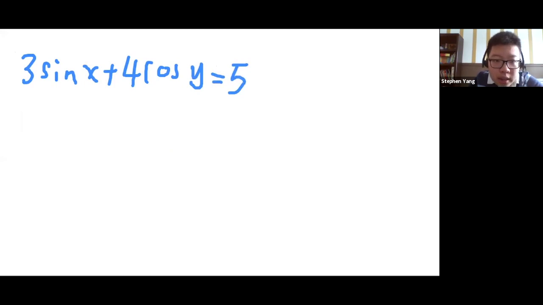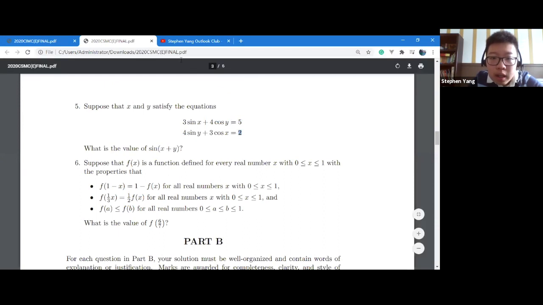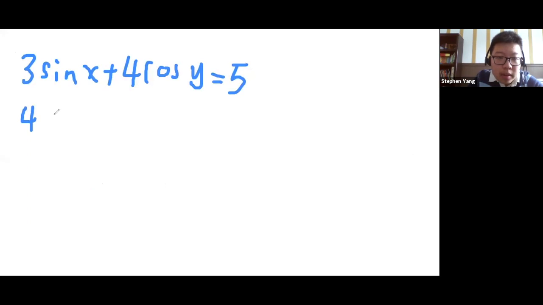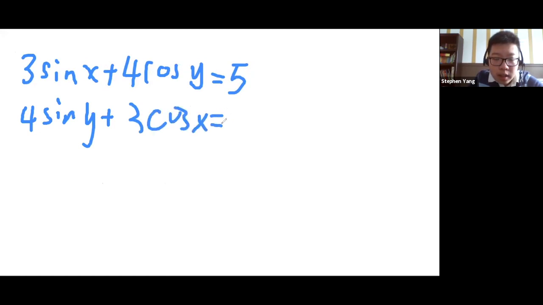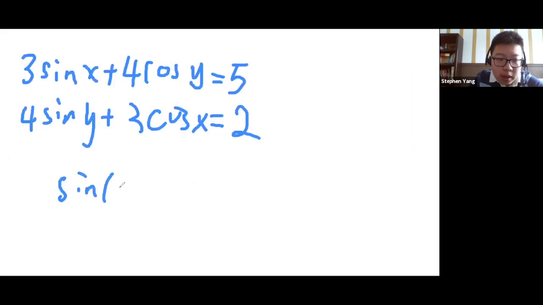And 4 times sine y plus 3 times cosine x is equal to 2. And it wants you to find sine of x plus y.